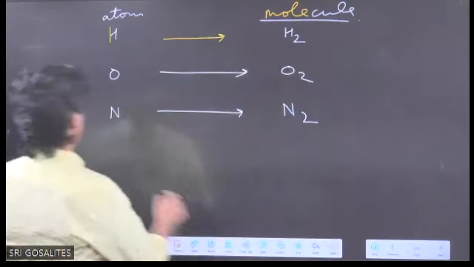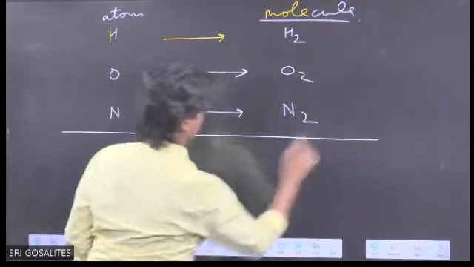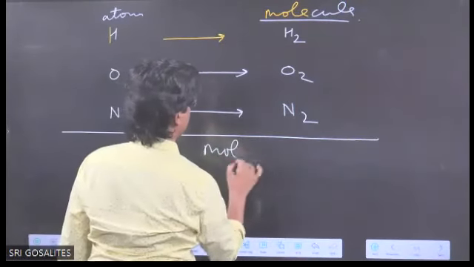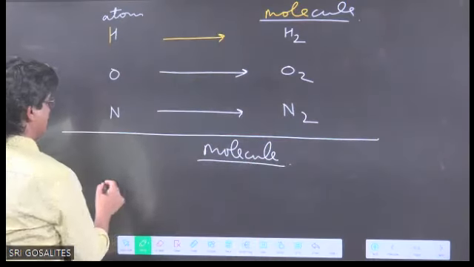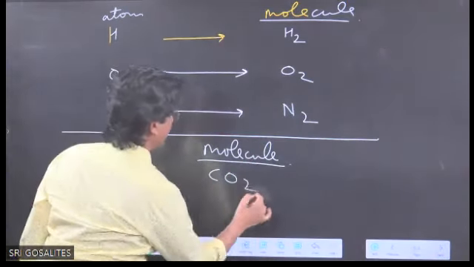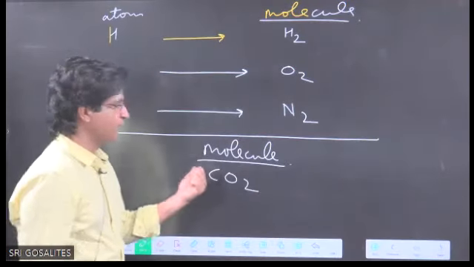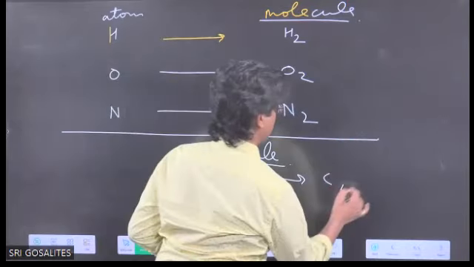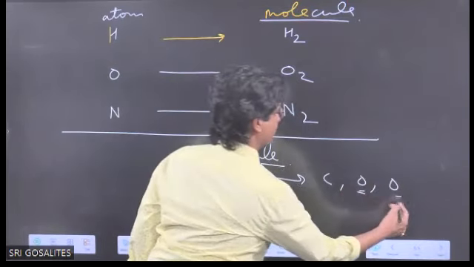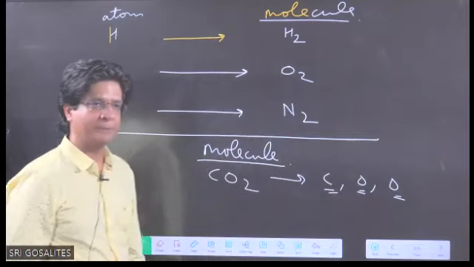Let's take more examples of molecules. We can have CO2. It is made up of 1 carbon atom and 2 oxygen atoms: carbon, oxygen, and oxygen.